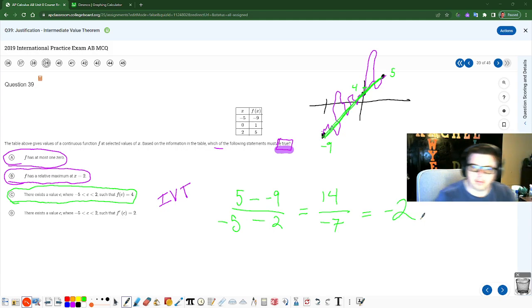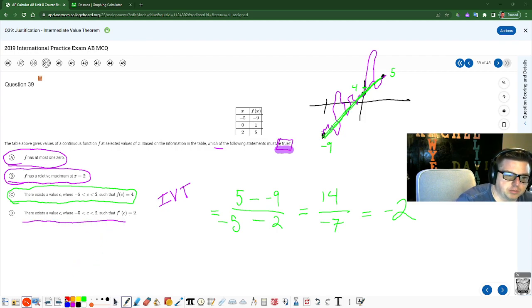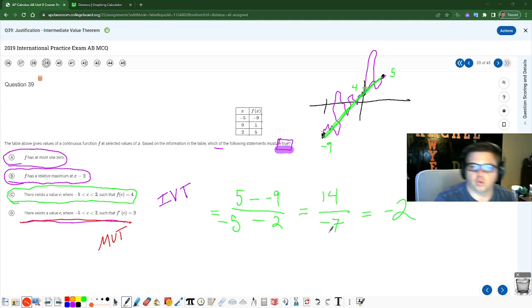So our slope, remember, this is bringing in, I should use a different color, sorry, MVT, the mean value theorem, which states that at some point, from start to finish, find the slope, and at some point, we will get that value.